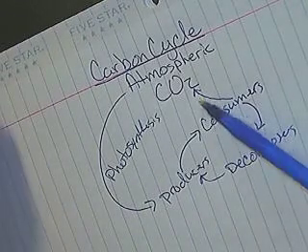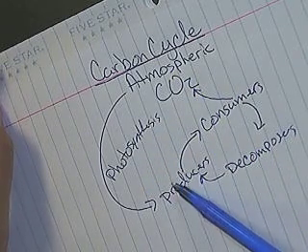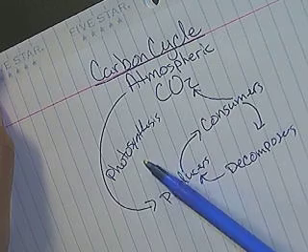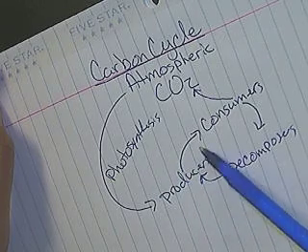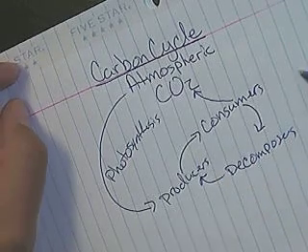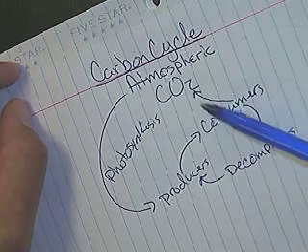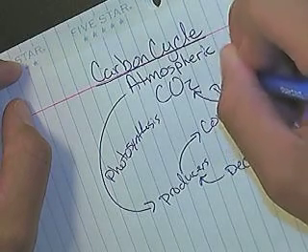So it just continues the cycle all on its own. We have CO2 being taken up by the producers by the process of photosynthesis. As producers keep on doing this, consumers will come in, eat those producers, and reintroduce that carbon dioxide back into the atmosphere by respiration.